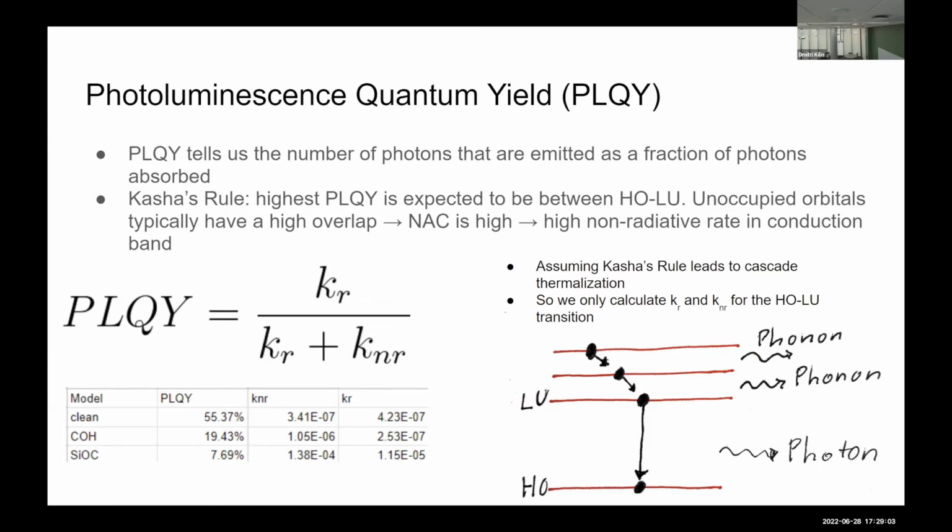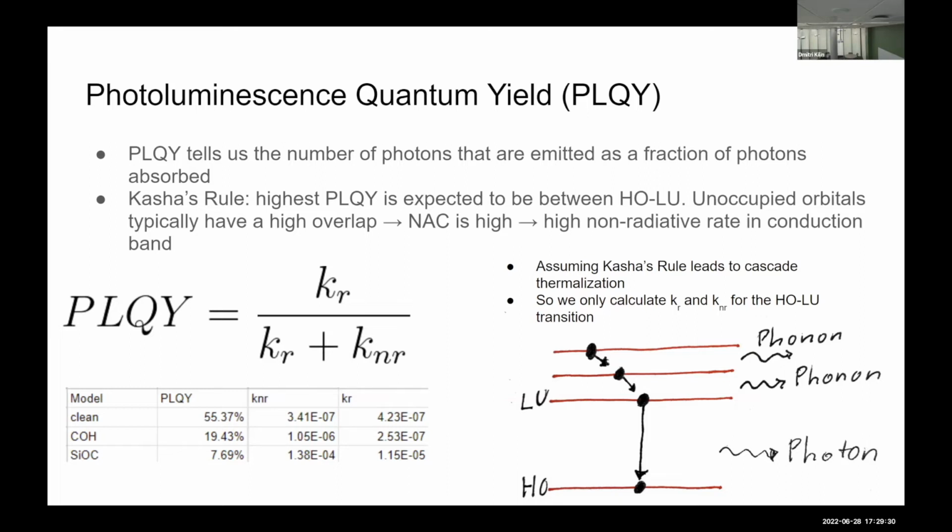The big assumption that we make when calculating this is called Kasha's rule, which is explained down in the bottom corner. We assume that if an electron goes to a very high excited state, far above the LUMO, it will descend to the LUMO state just releasing phonons, so non-radiatively.